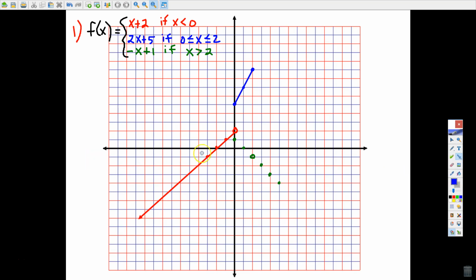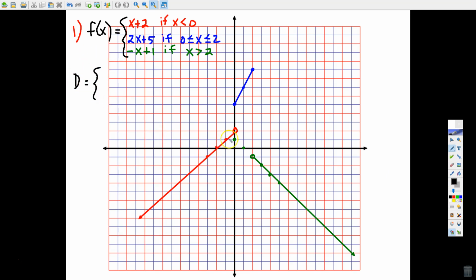So let's draw the green line. It starts at 2, not including 2. Let's change the color. And it looks like that. Okay, so we have the 3 pieces, and now let's work on the domain and range.